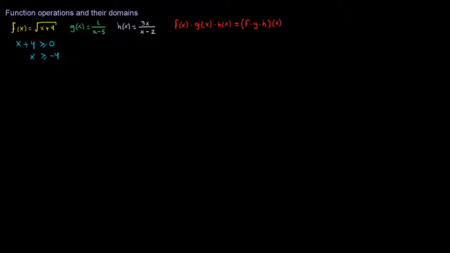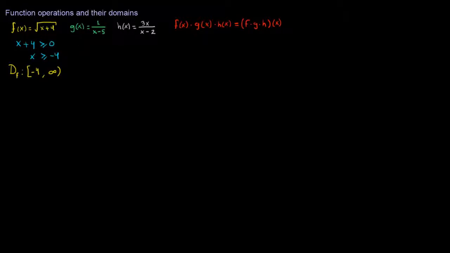The domain of f would be starting from -4, and we include the -4 by using this bracket, until positive infinity. That would be the domain of f. Now I'm going to proceed with g of x.